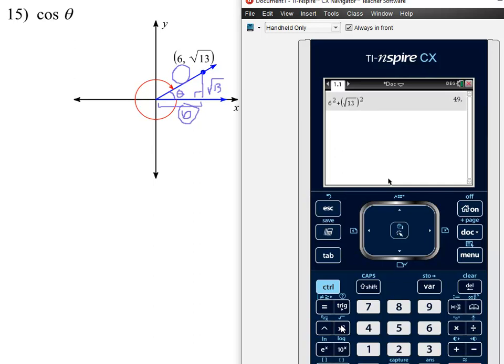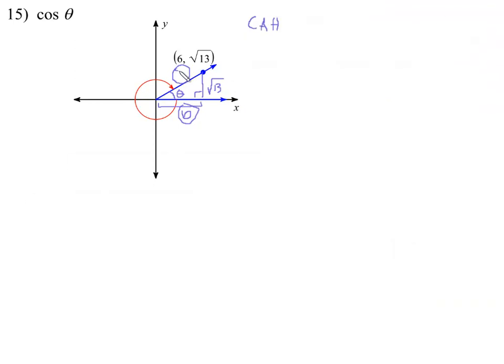So there's my hypotenuse squared, and if we do the square root of 49, it tells me my hypotenuse has a length of exactly 7. So we're trying to find the cosine value of this angle, which is the same as this angle, and that is the adjacent, which is 6, over the hypotenuse, 7. So the cosine of our angle is 6/7.